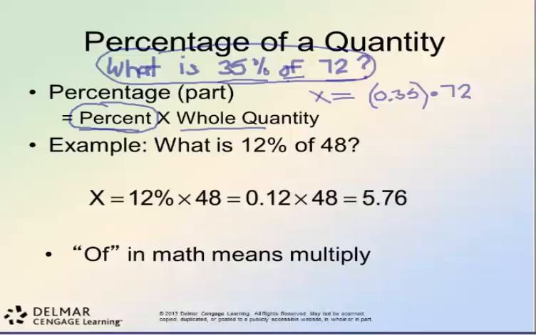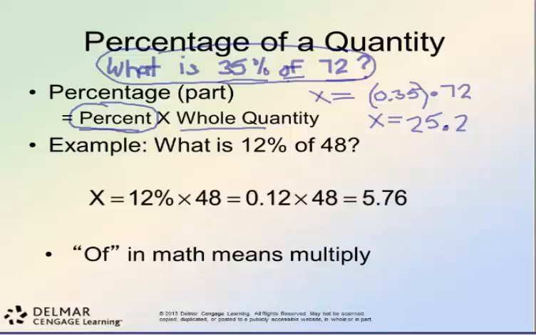So to find 35% of 72, all we do is multiply 0.35 times 72. So on your calculators, it's 0.35 times 72, and you get 25 and 2 tenths, 25.2, which, as we estimated, is a little bit more than 24. So that's in the ballpark of what we expected there.